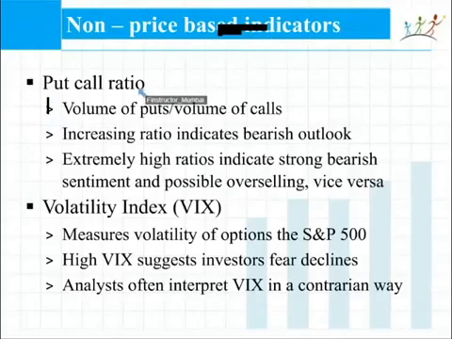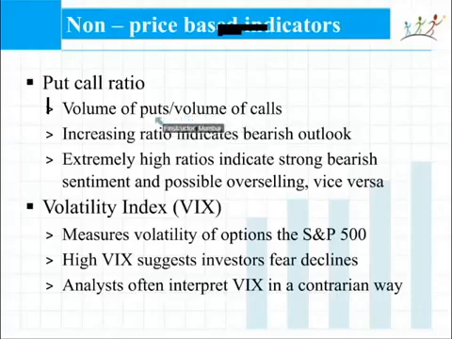So the put-call ratio can be computed as the volume of outstanding puts divided by the volume of calls. So people will buy put options when they are scared that the market will fall, and people will buy call options when they feel that the market will go up.